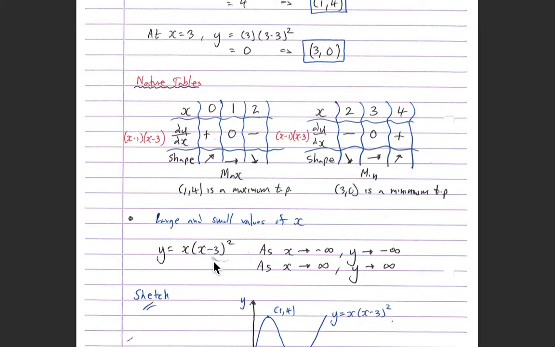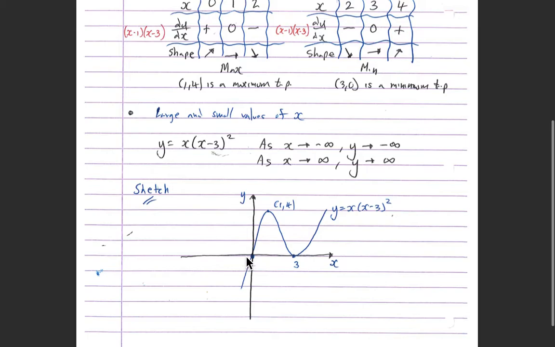This whole thing is squared, meaning that it will be positive and very big, but this will be negative and very big. So the whole thing is actually negative and very big. So as x approaches very large negative values, the y also approaches large negative values. What that means actually is that as we move along the x-axis this way, the curve is going that way. So that just tells me it's coming from down here on its way up.